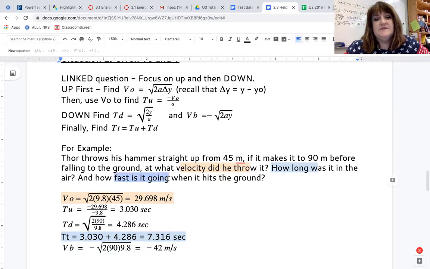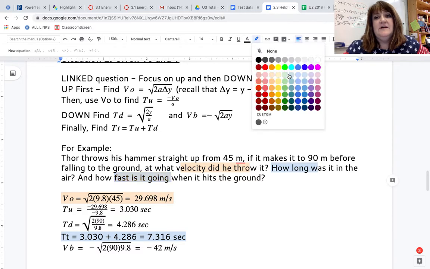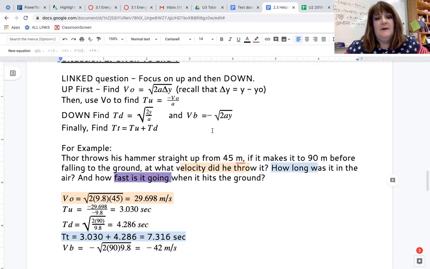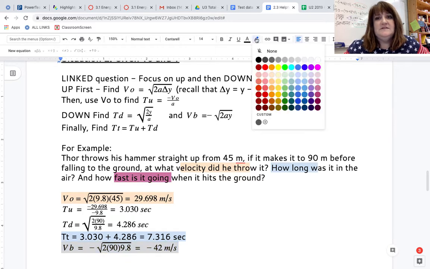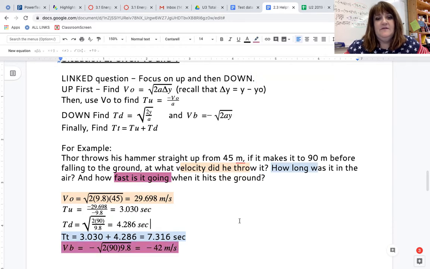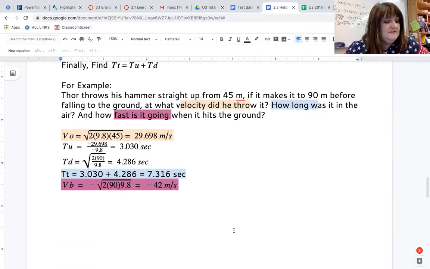So how fast was it going when it hit the ground? That should be given by that purple, which is a negative 42 meters per second. And that one did come out perfectly even when I did it. So double check that. Make sure it does work.